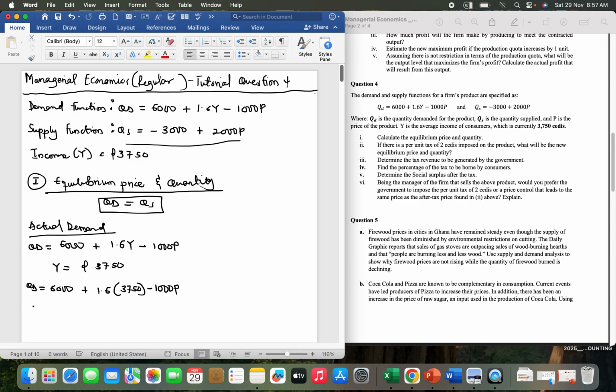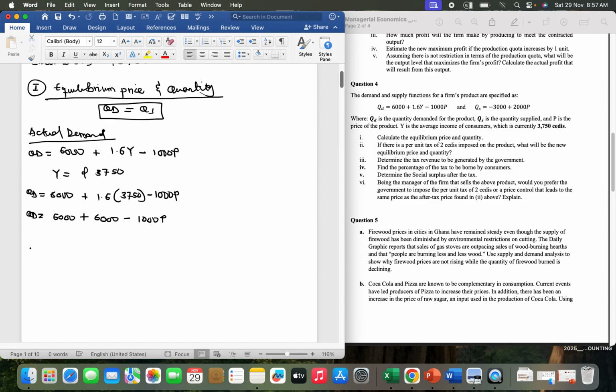So QD is equal to 6,000 plus 6,000 minus 1000 P. So QD will give us 12,000 minus 1000 P. So this becomes our new demand function.